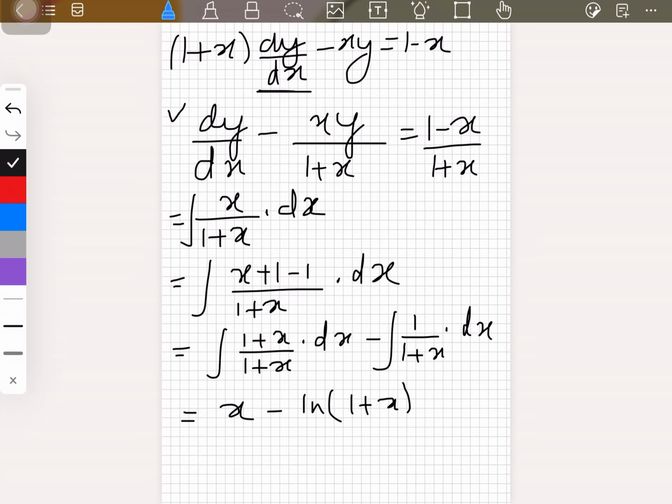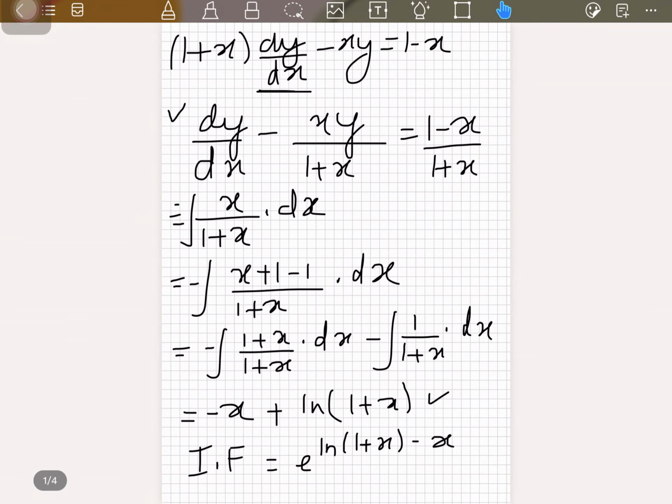One thing that you must have noticed is there's a minus sign over here, and the standard form has plus. So we have to consider the minus sign as well. There must be a minus outside, so that means it multiplies the answer as well. Finally, the integrating factor is e to the power ln of 1 plus x minus x.